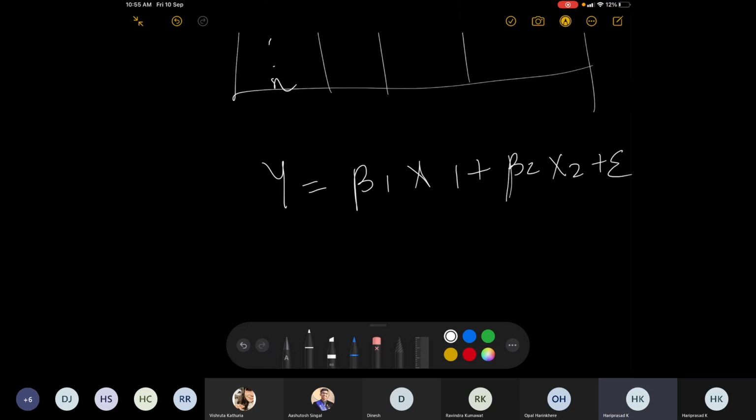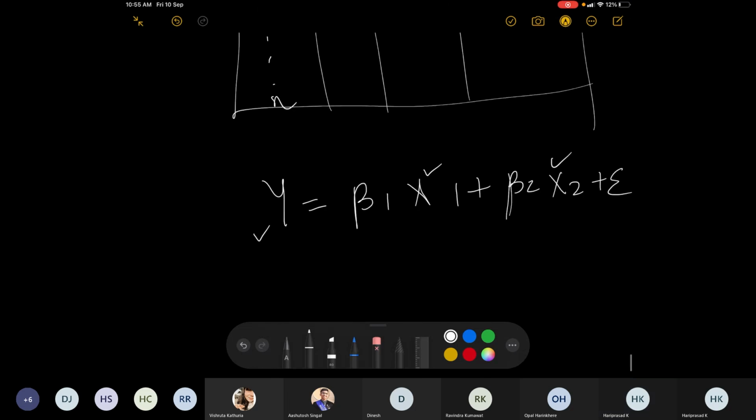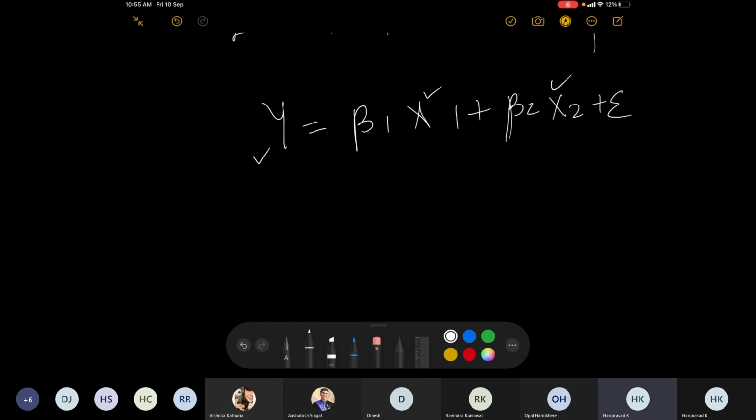Of course, there is some inevitable uncertainty. You have the information of Y, x1 and x2 recorded. What is the problem that you need to find out? You wanted to find the beta 1 and beta 2 values such that your Y is approximately equal to the Y actual.